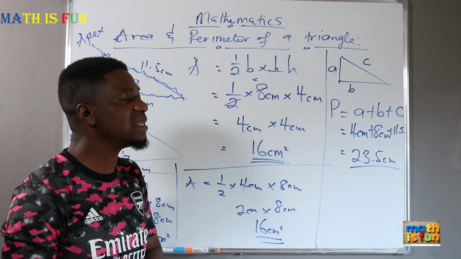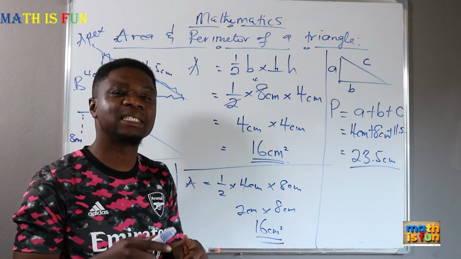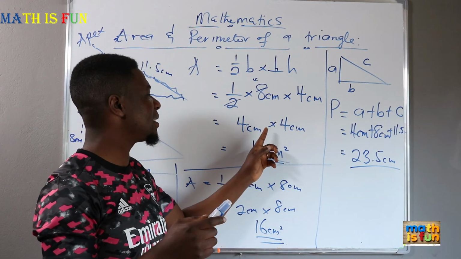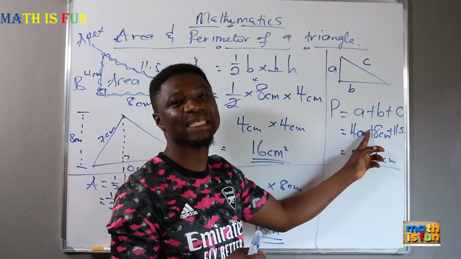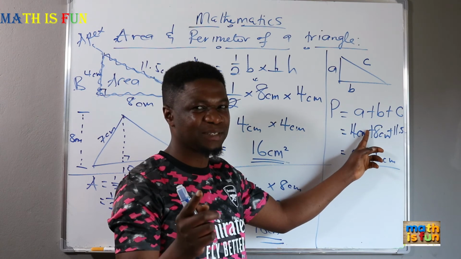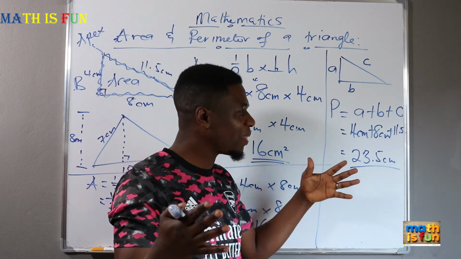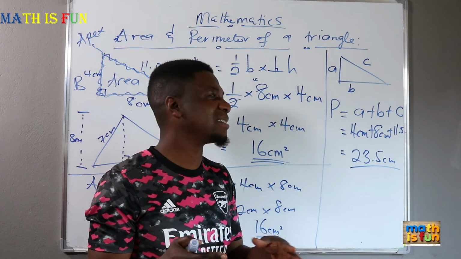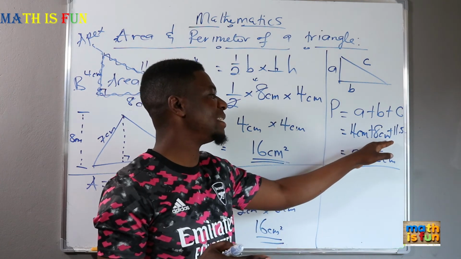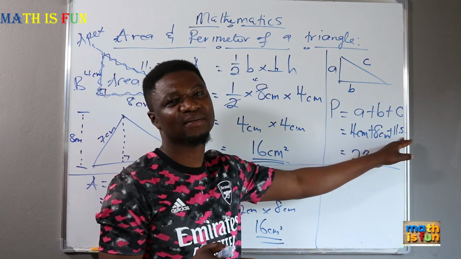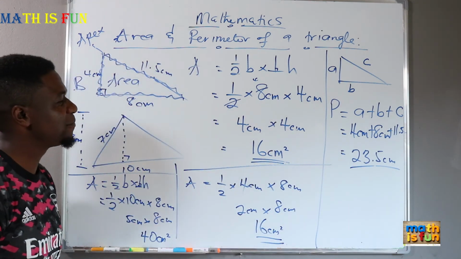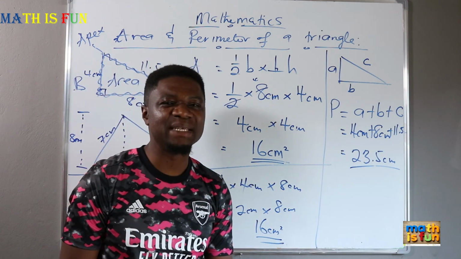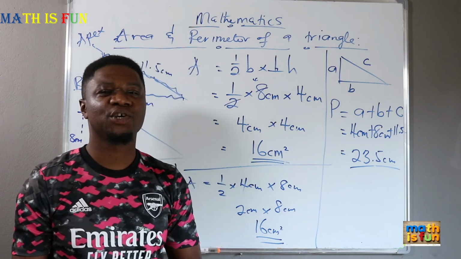No. The reason is that you always check the sign that is given to you. Here it was multiplication, that side it is addition. In algebra you can add or subtract if they are of the same unit. So check that. That is why we have 23.5 centimeters, not centimeter cube.